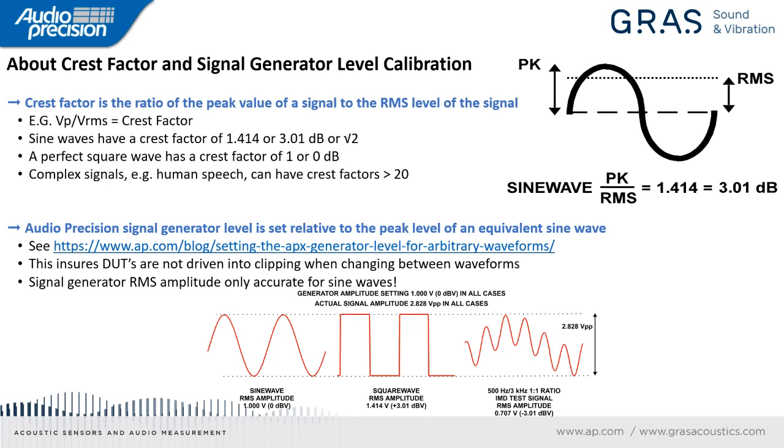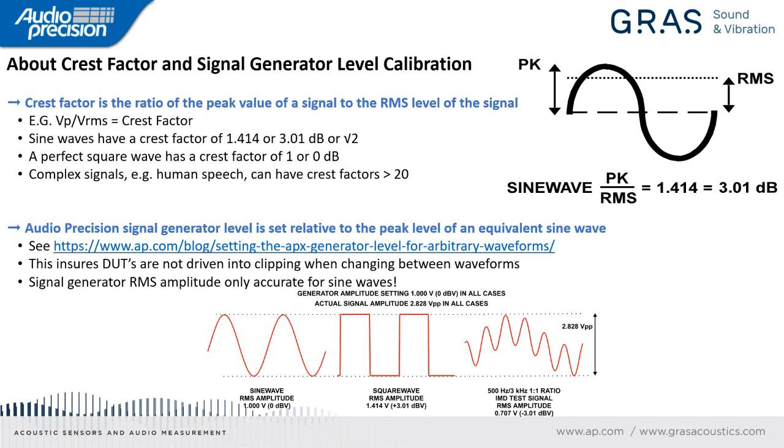And the reason I really want to raise this is there's something that can generate some confusion with Audio Precision analyzers, and that is that when you set the signal generator, if you're generating something other than a sine wave and you set the signal generator in RMS, that can fake you out, because the RMS level of the AP signal generator is actually assuming that that is a sine wave.